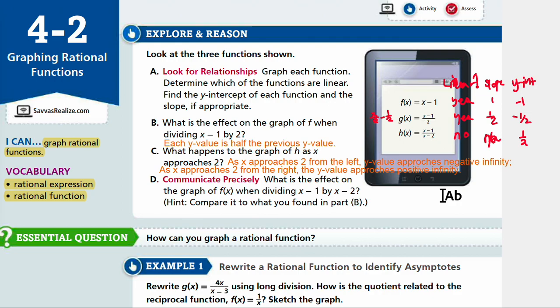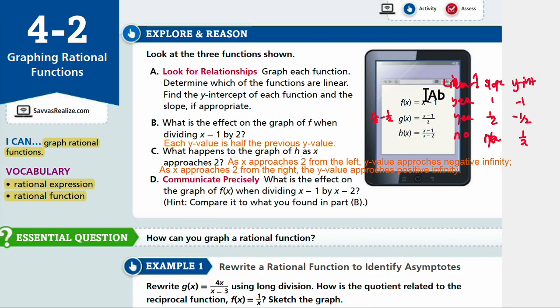Okay. So now, what is the effect on the graph of f of x when dividing x minus 1 by x minus 2? Instead of dividing it by 2, a constant number, what happens if we divide it by x minus 2? If we divide by 2, it's g of x, right? But if we divide f of x by x minus 2 instead, then we get h of x.